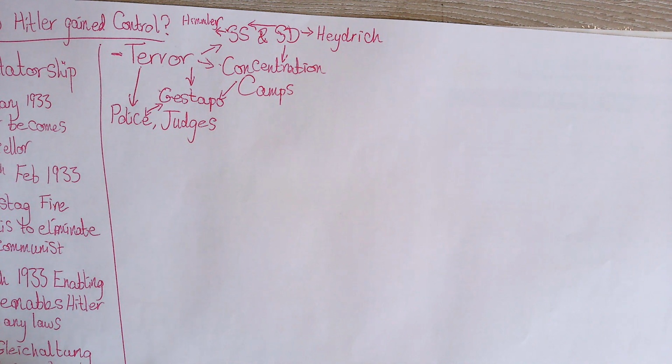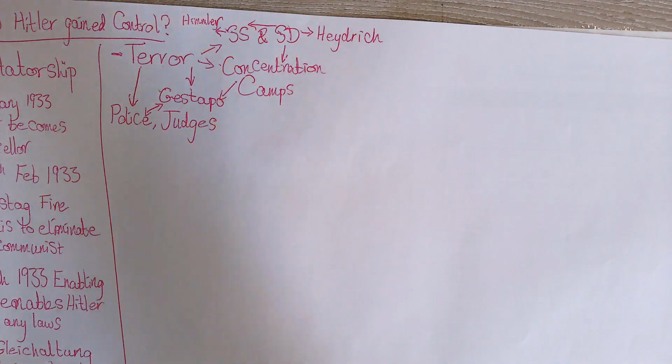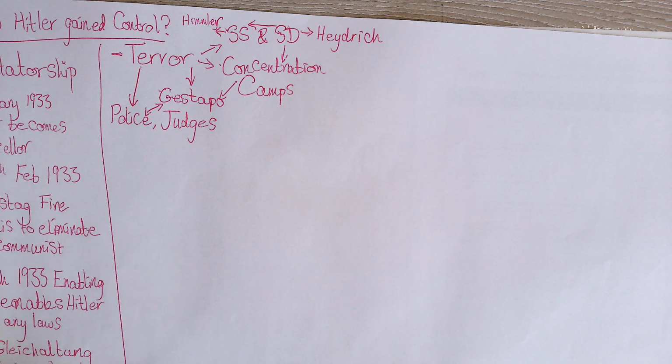So the number of death sentences given during the Nazi regime rises dramatically. There were 3 death sentences given in 1933. By 1943, 10 years into the Nazis' reign, there were 46 death sentences given in 1943. So a huge increase.